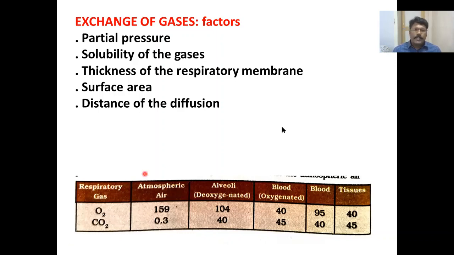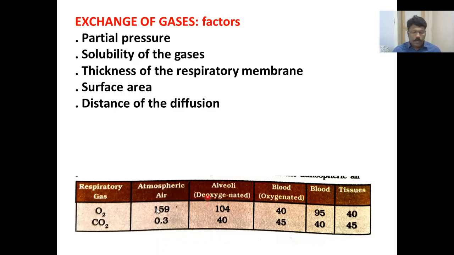And now let us see, different gases are there in the air, but most importantly, the oxygen and the carbon dioxide are the important gases that will be exchanged during the respiration, and how the partial pressure of these gases plays an important role in the diffusion.